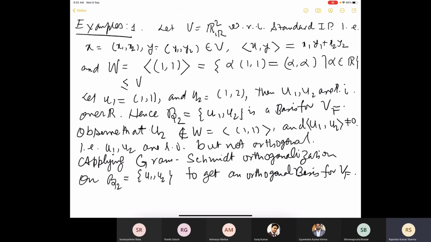This can be easily checked: U1, U2 are linearly independent and they do span the whole of V. Note that (1, 2) is not in W because (1, 1) is in W. U1 and U2 are not orthogonal. Their inner product is not 0; it's easy to see that the inner product is 3.